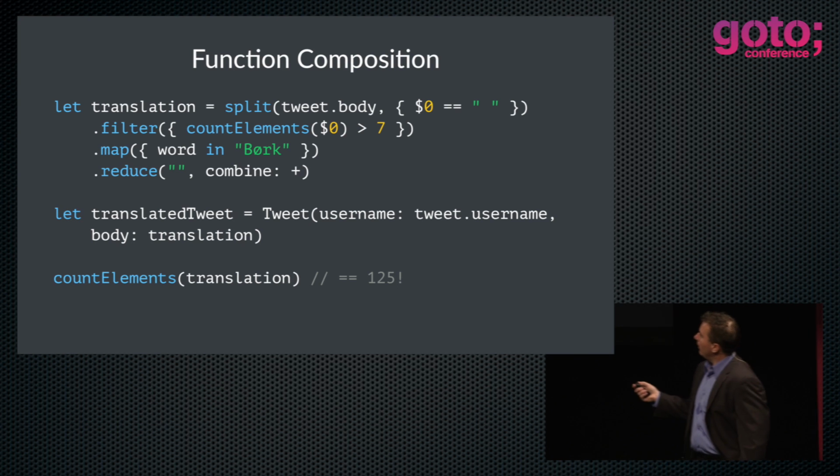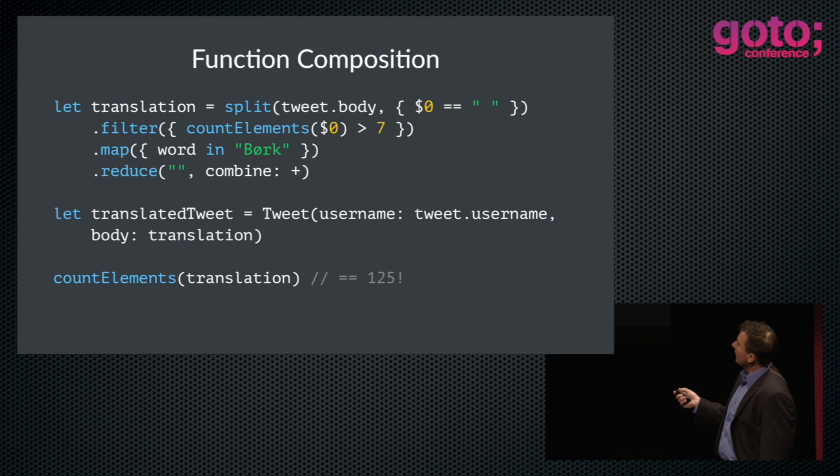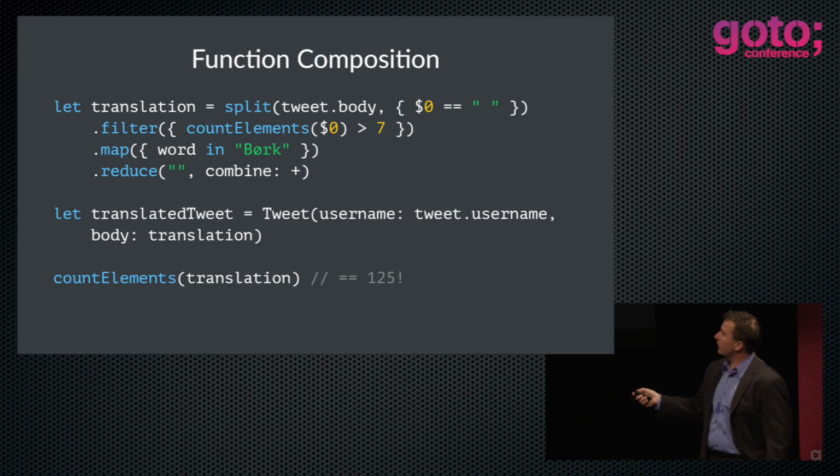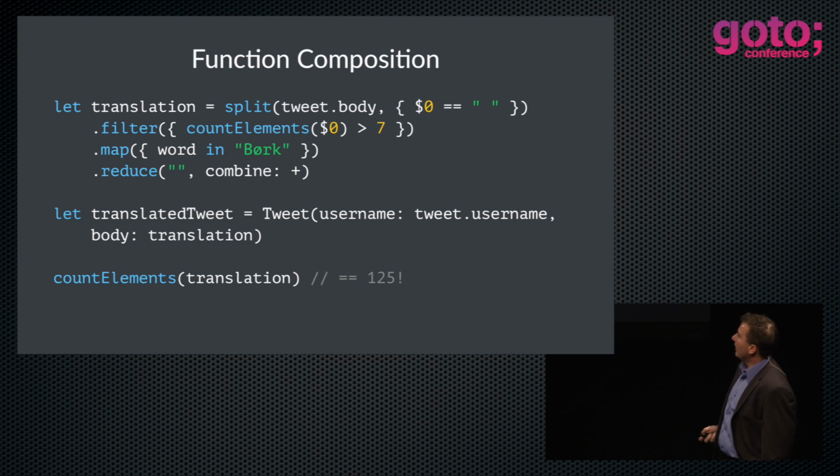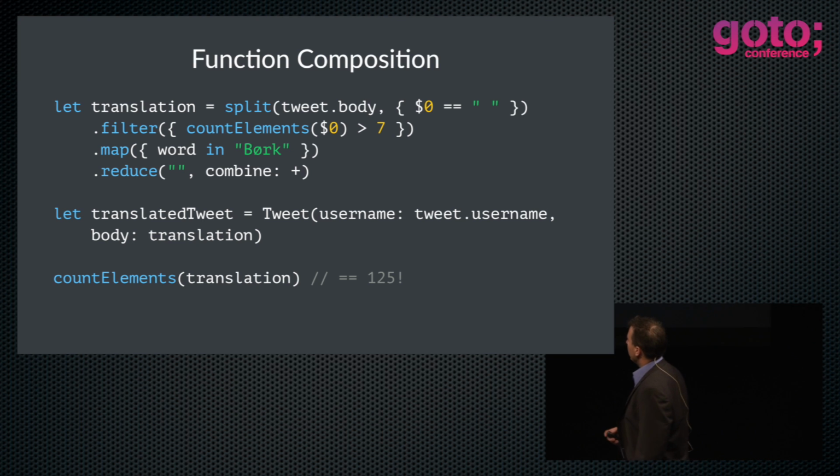So what we do next is we compose the function as a series of operations. The first thing we do is bring it all together. We split it up into words. We filter it down. We filter out all the large words. We translate everything into Bork, and we turn it back into a single string. And then in this particular case, we are able to send out a tweet in the acceptable number of characters.